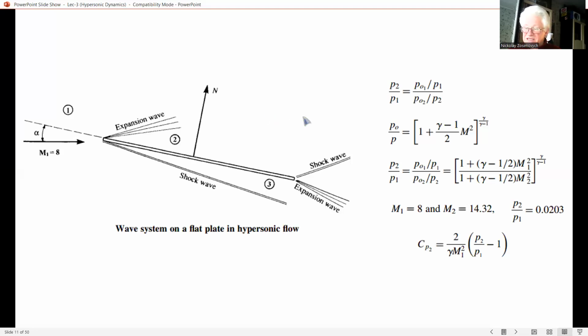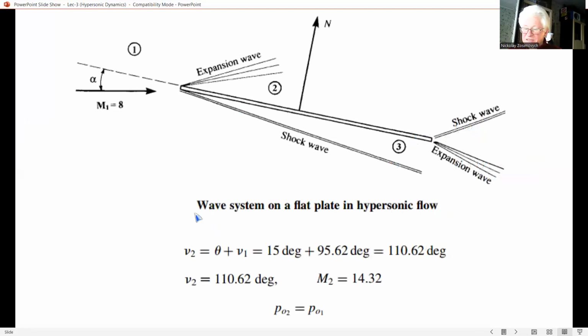We can get an expression for V2 as theta plus V1.